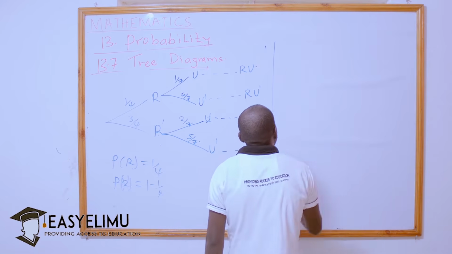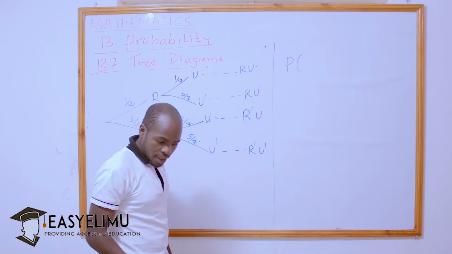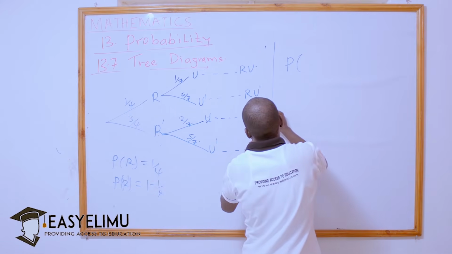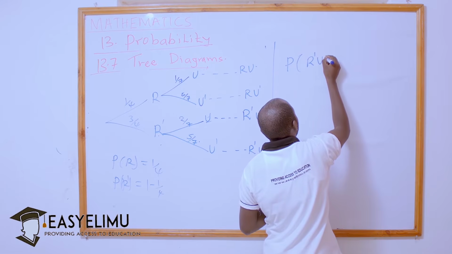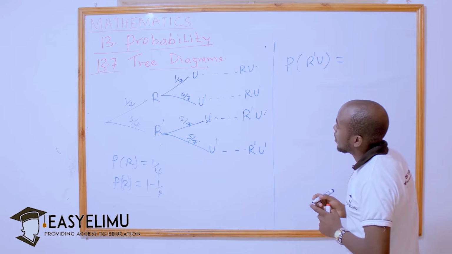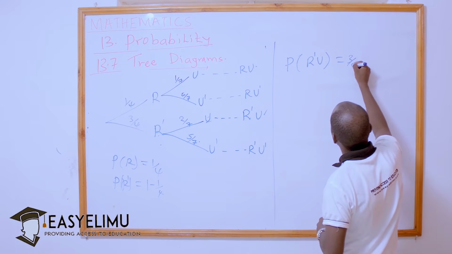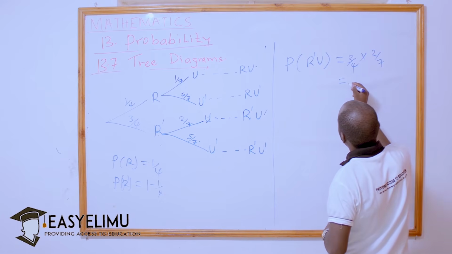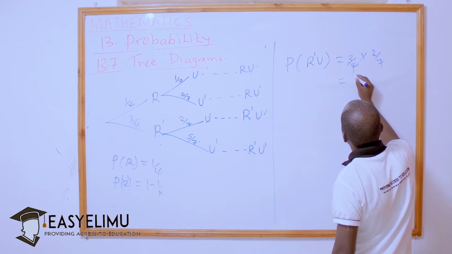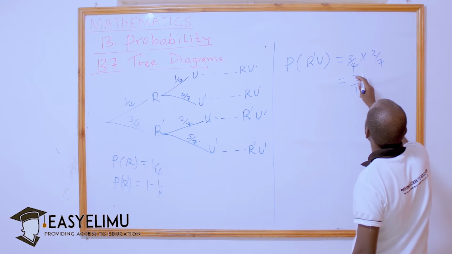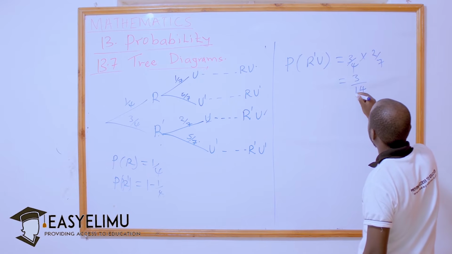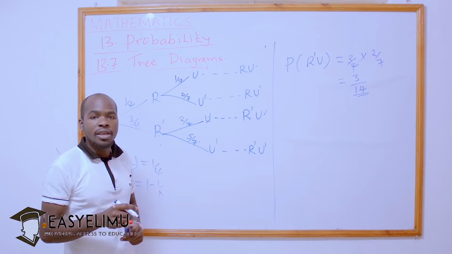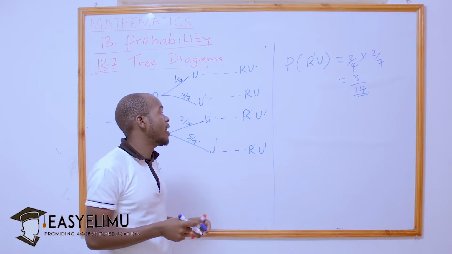So if we find the probability that it will not be rainy, but I carry an umbrella, we are going to multiply the given probabilities there. It's 3/4 multiplied by 2/7, and if you do that, you will find out that he will have 3 out of 14. So the probability that it will not be rainy, but he carries an umbrella is 3/14.